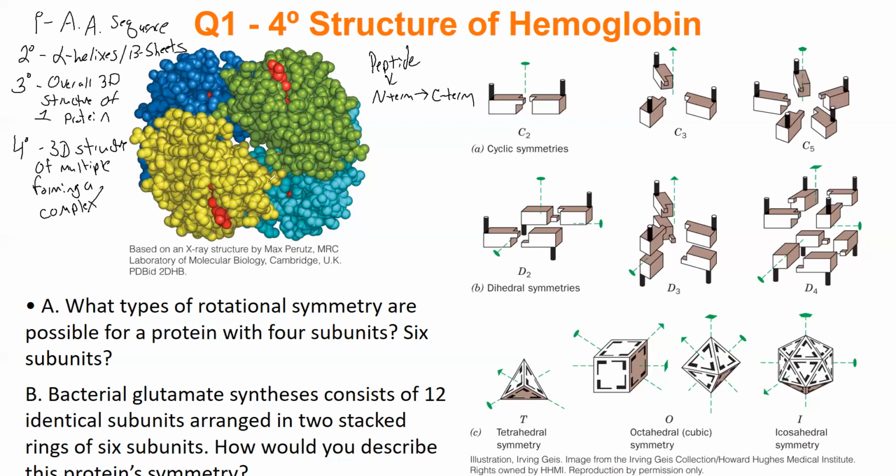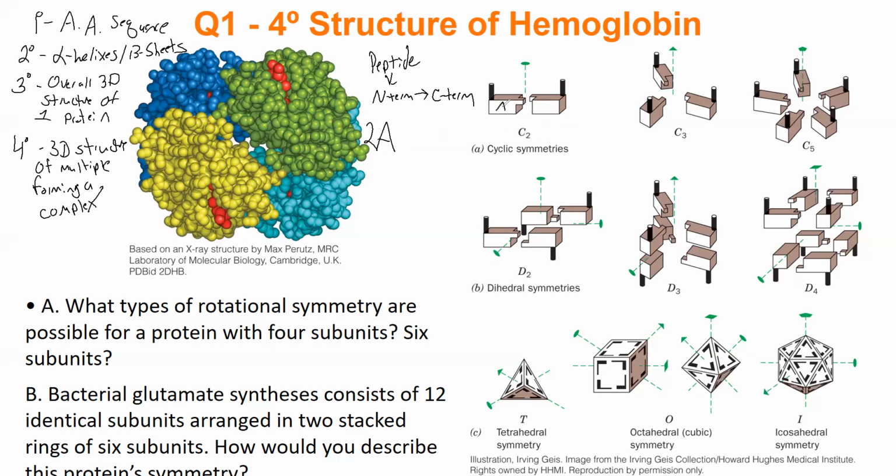And if it's the same peptide, the only way to combine is through symmetry. What I mean by that is, if you have a protein or a peptide, let's call it peptide A, and two A's come together to make one functional protein, they can only form in one way, and that's called cyclic.